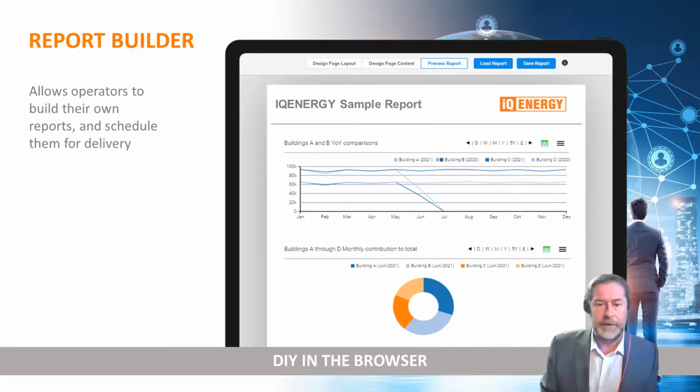Probably not a brilliant example, but that can be month on month, week on week, whatever we particularly feel like. And at the bottom there, I have a pie chart which simply adds up the contribution to the total the buildings A through D have actually made in June 2021. And again, we could have anything in there, and it doesn't necessarily have to even be energy data. It could be anything you desire, really.